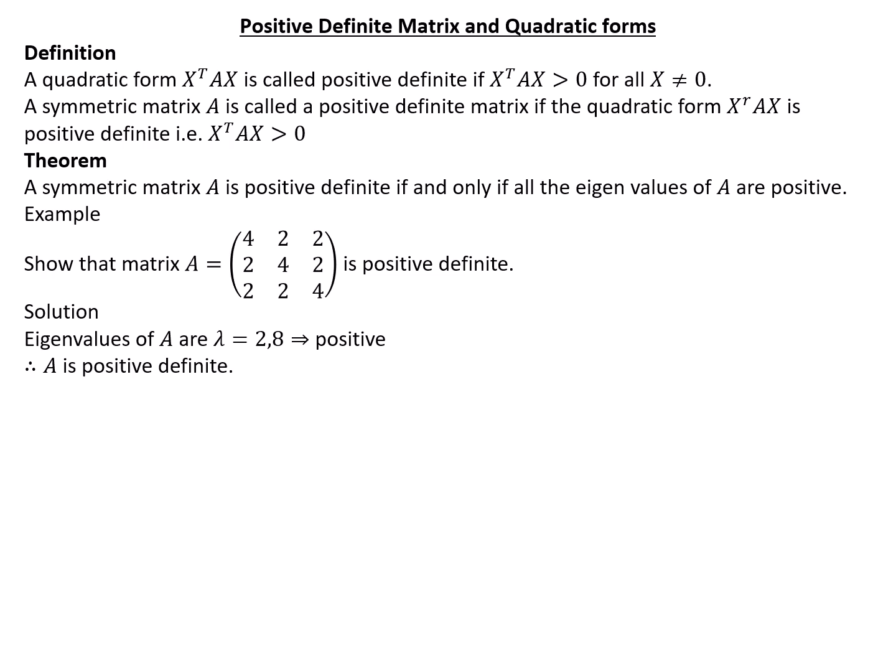So look at this one now. Show that a matrix A, which is given as row 1 being 4, 2, 2, row 2, 2, 4, 2, row 3, 2, 2, 4, is positive definite. How do you go about this? You first find your characteristic equation, which is the determinant of A minus lambda I. You know your I, you know your A. When you do the operations there, you find your lambda.